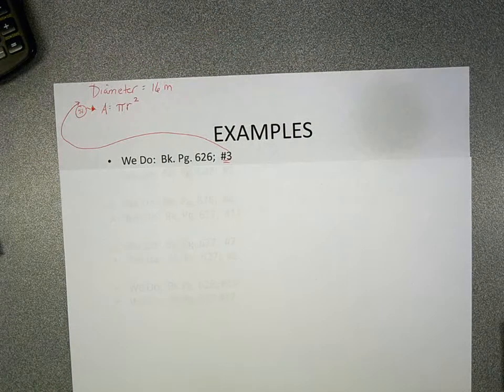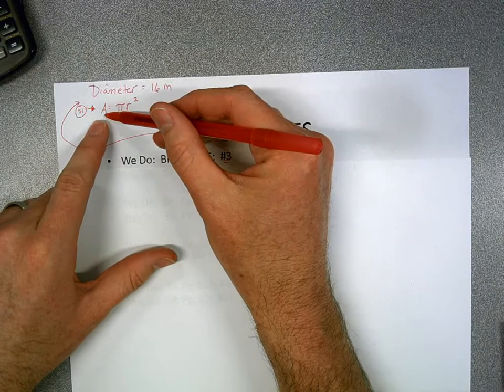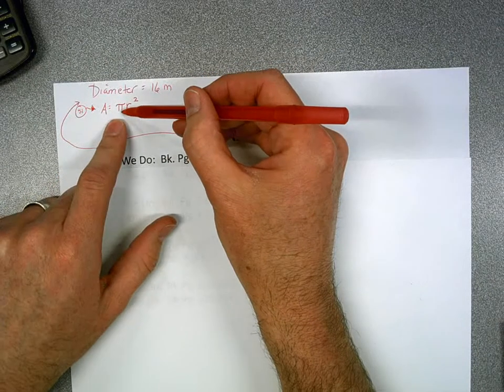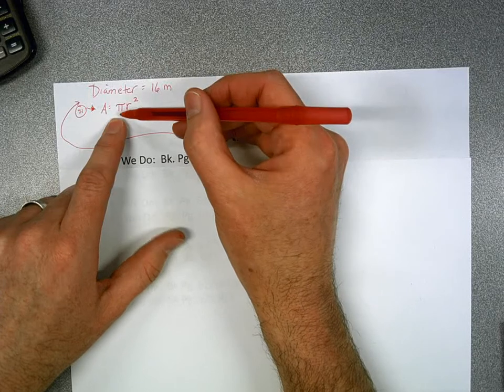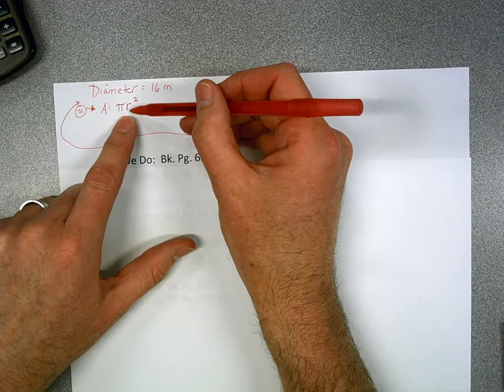Pi r squared. We're not going to go over it in detail today, but back in ancient Greece, they found a way to find the area of a circle using a formula like this. A obviously stands for area, in this case area of a circle. We know that pi is always 3.14 or 22/7, and the radius, of course, is what r is.